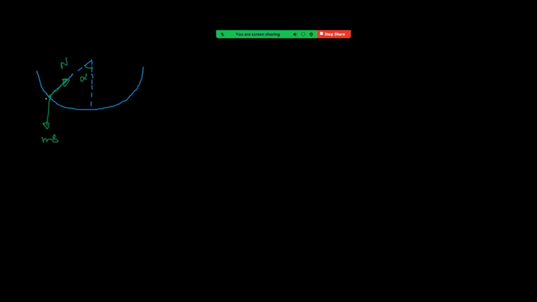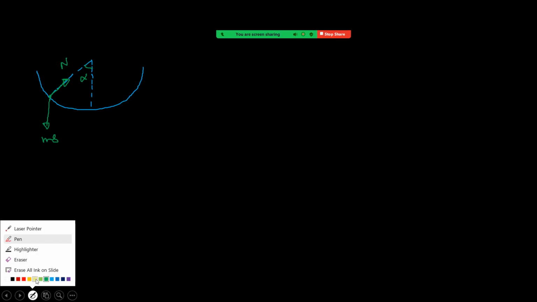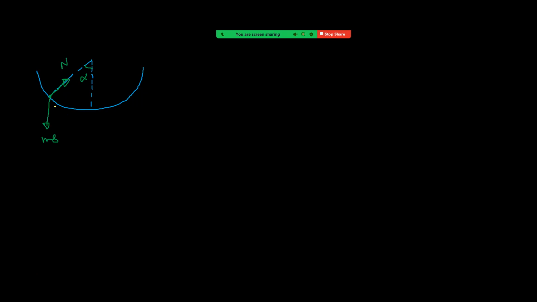Just draw a tangent at this point. Suppose that tangent makes an angle. This is alpha, which means this is also alpha. If you observe carefully, it is just like a rough inclined plane.